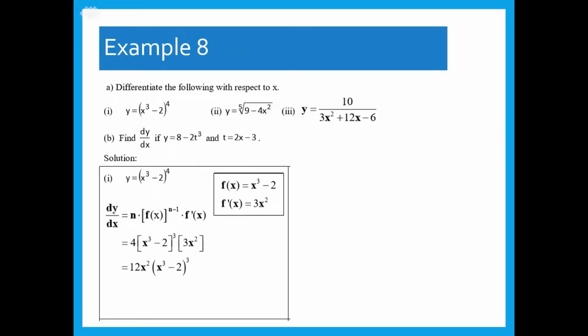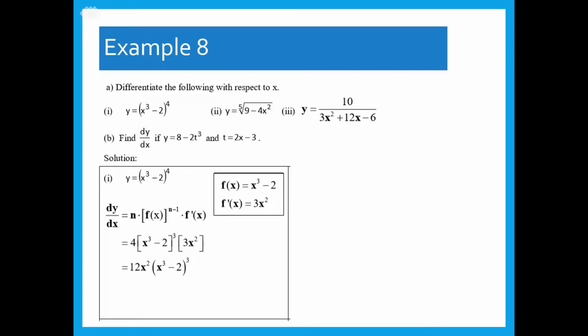Refer to example 8. To differentiate the function, you need to apply the power rule. For a1, given that y equal to x to the power of 3 minus 2 to the power of 4, by letting f(x) equal to x to the power of 3 minus 2 and differentiate the f(x) with respect to x, you will obtain f prime x equal to 3x squared.